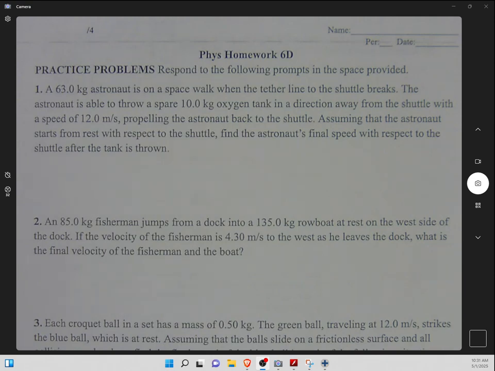Throw the tank that way, it now has momentum in that direction. Well, you can't just magically make momentum out of nothing. That has to be balanced out by momentum in the other direction, right? So that's actually going to propel. Throwing something in one direction propels you the other way in a space situation.